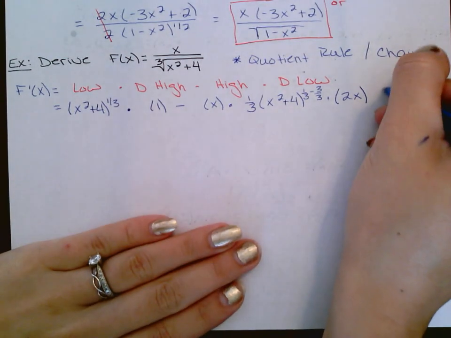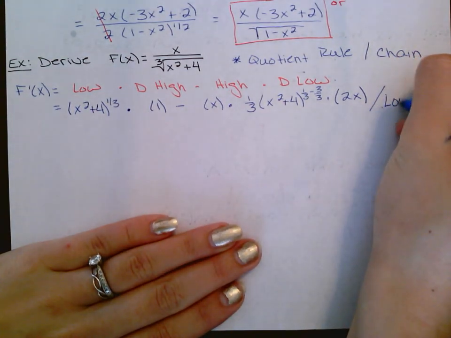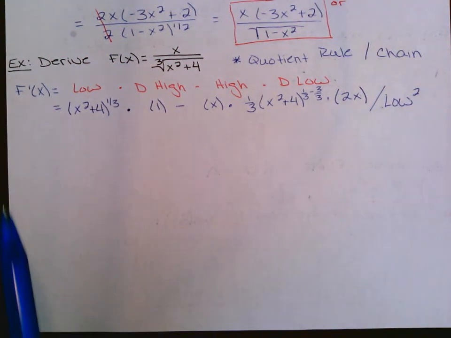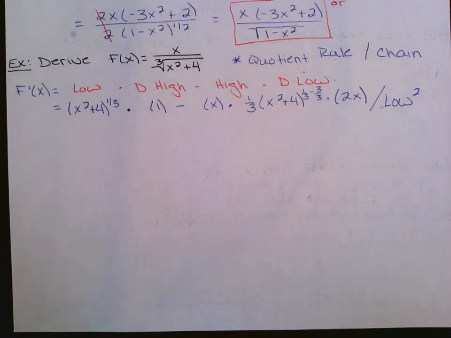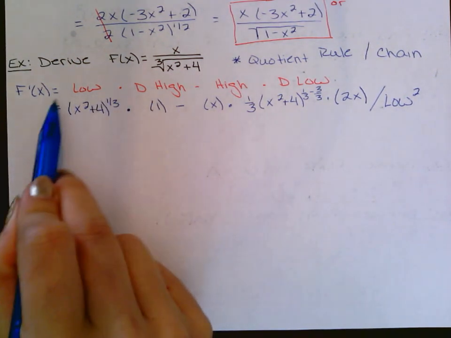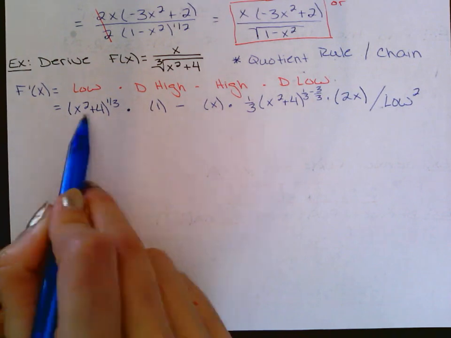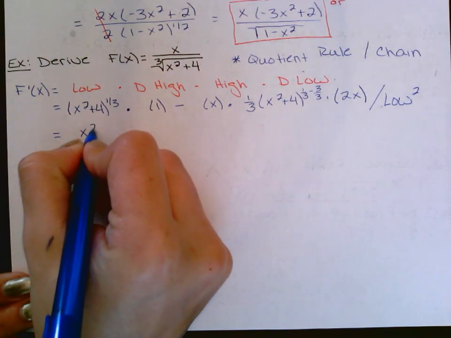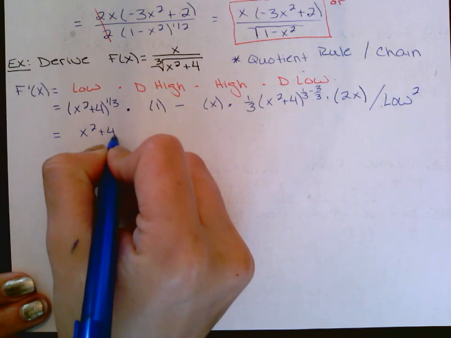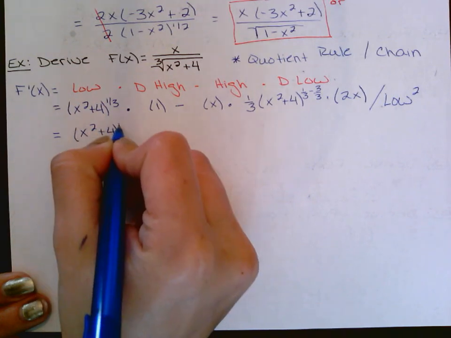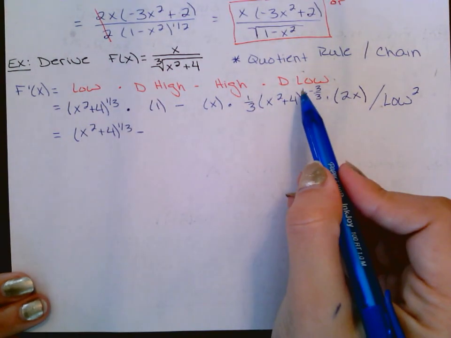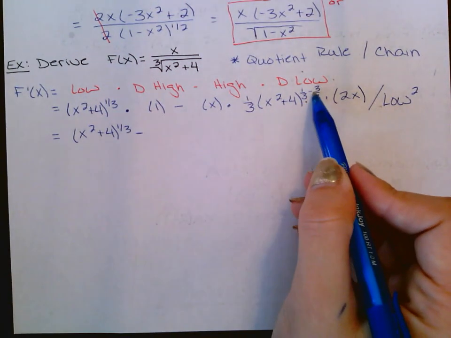Now all of this is going to be over low squared. I'm going to write it like that for now just so I don't forget it. I'm going to try and clean that so I don't waste time going crazy here, okay? So this left side cleans up really nice because anything times 1 is itself. So I'm going to have x squared plus 4 raised to the 1/3 minus, okay? Now 1/3 minus 3/3.